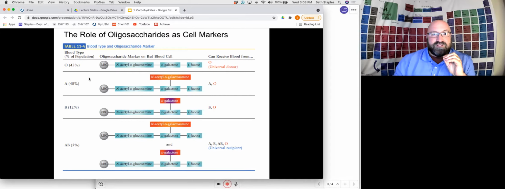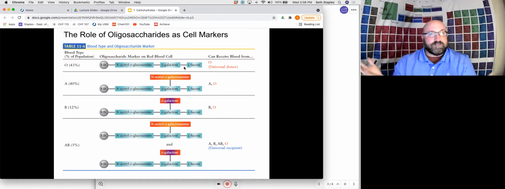So if you are receiving type A blood that has this extra saccharide, but your body doesn't have that, it's going to reject the blood you're receiving. This is why people with type O blood can only receive type O blood, because their bodies can't handle these other polysaccharide markers. It's why people with AB can accept anything, because if they're getting some A or some B, they have some of that. It's also why type O can donate to anyone, because it's not giving out any of that extra marker.